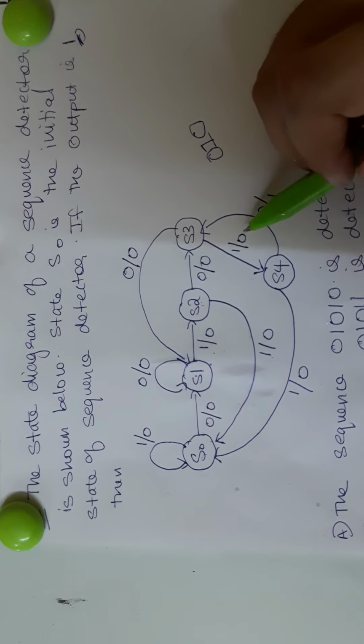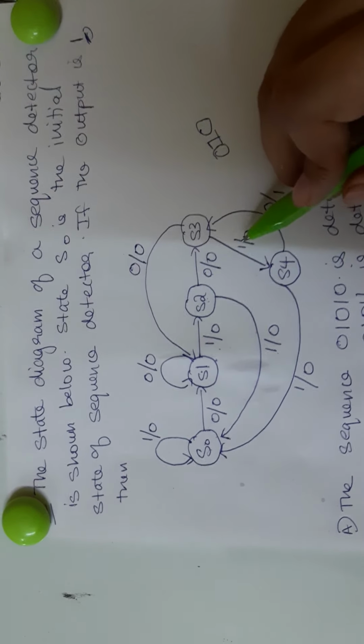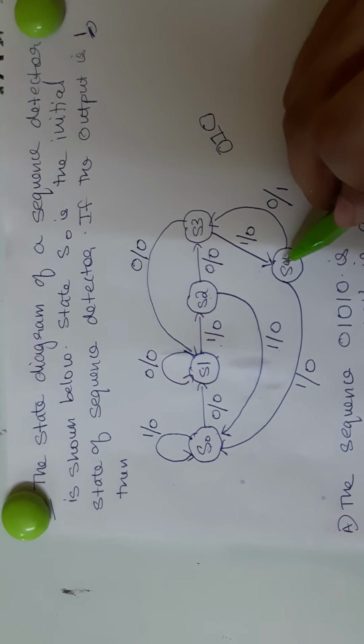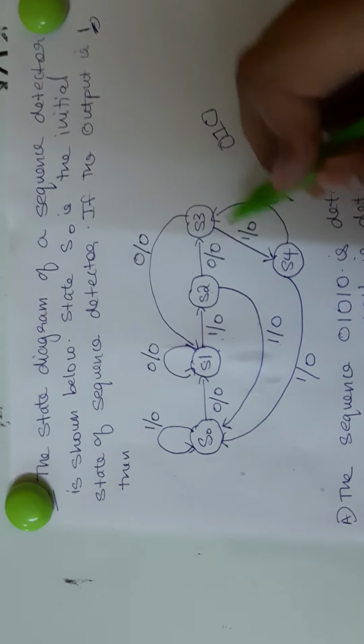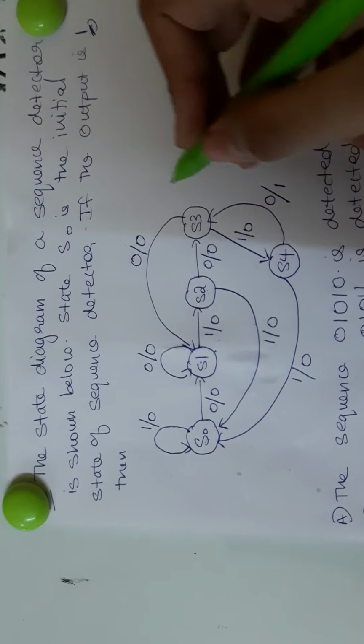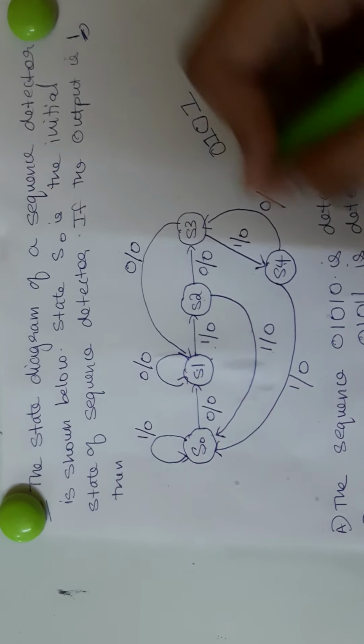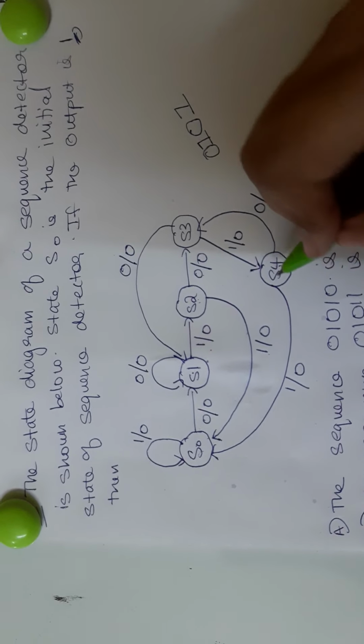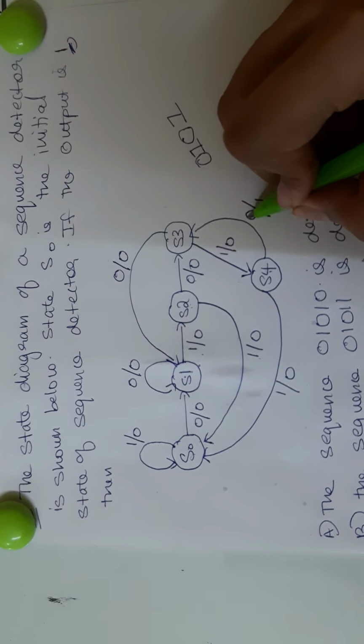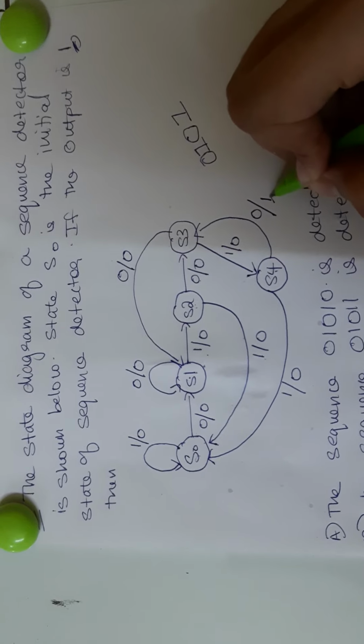Now at S3, if my input is 1, then only it will move to S4. If it is 0, it moves back to S1. But I need to move to S4, so my next bit will be 1. Now at S4, if it is 0, my output becomes 1.